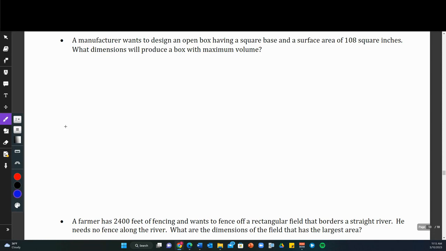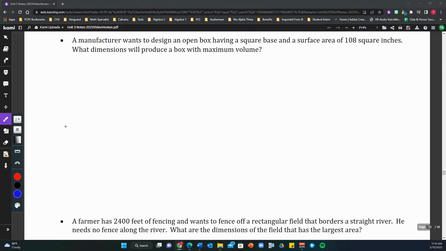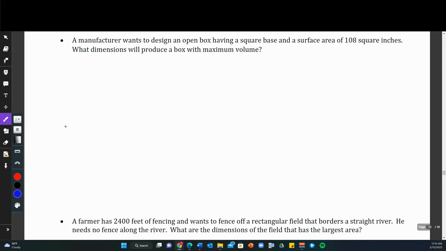A manufacturer wants to design an open box having a square base and a surface area of 108 square inches. We want to know what dimensions will produce a box with maximum volume. This is actually a very common real-world problem.